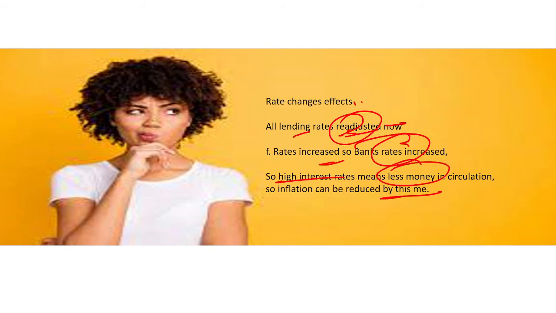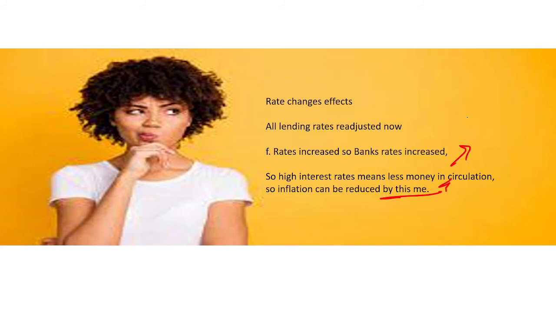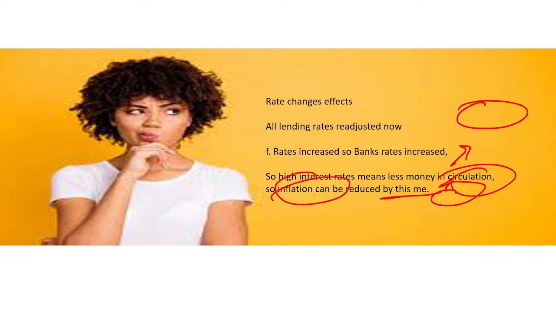So if any person or institution has less money, then ultimately there will be less money within the economy, right? So once there is less circulation of money within the economy, it will help to reduce inflation, right? Because the prices won't rise, since everyone will have less money with them.